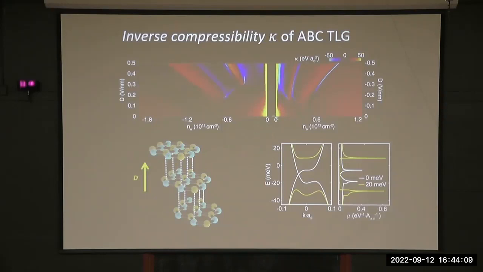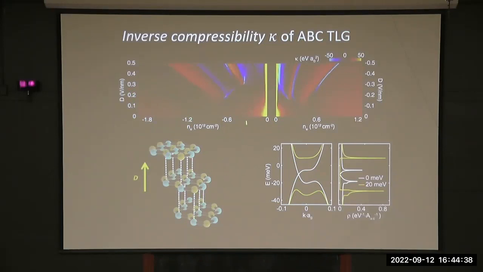What I will ask you to believe without proof is that if you calculate what the single particle quantum mechanics of this ABC trilayer says the electronic compressibility should be, you will find essentially none of the features. I'm sorry, the contrast is not rendering well on this projector, but there's one feature out here that's a single particle feature, but everything else basically is not in the single particle model.